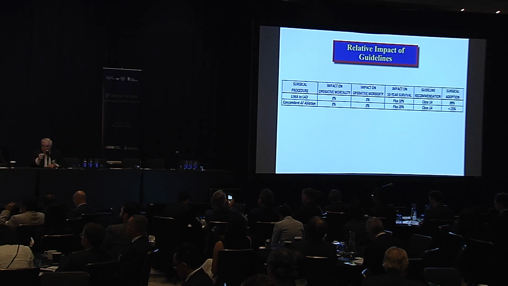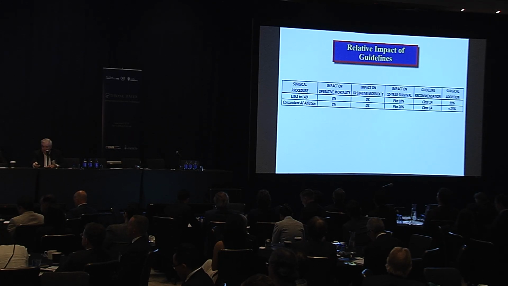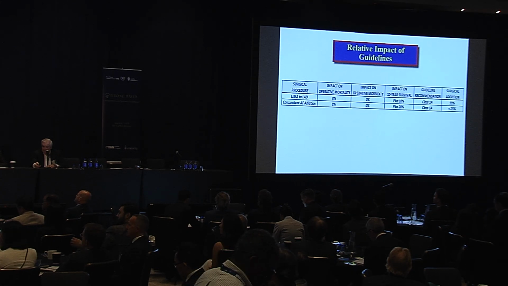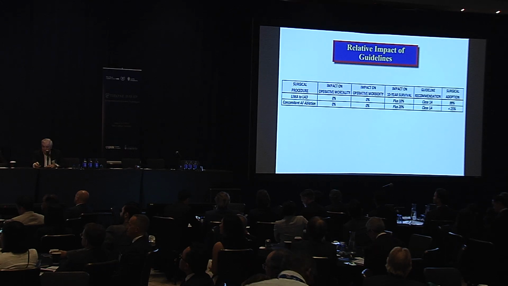And you shouldn't think about doing an operation on a patient who has AFib and ignoring the AFib. If you go across that screen, you'll see the impact on operative mortality is the same, is none. Impact on operative morbidity, there's none. Impact on 10-year survival is an increase of 10% with lima to the LAD, an increase of 20% with concomitant AFib ablation.